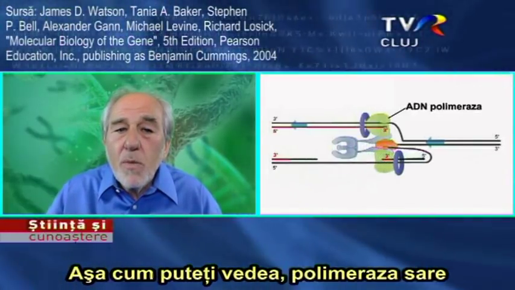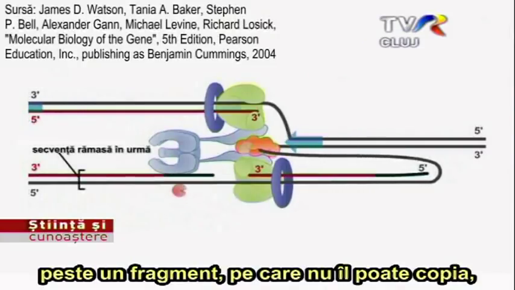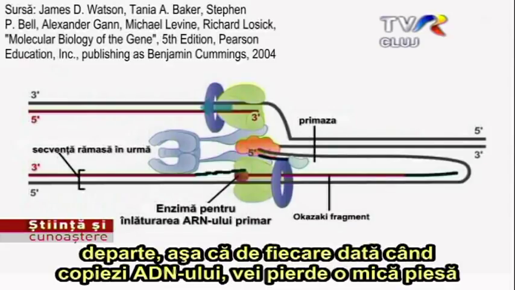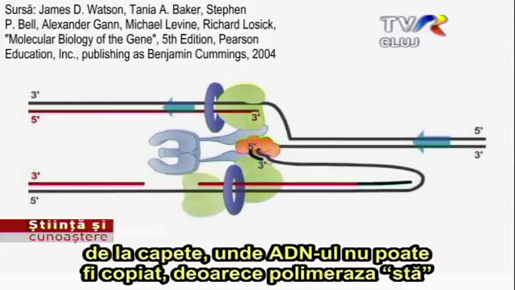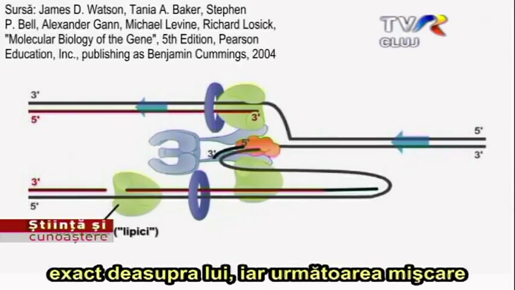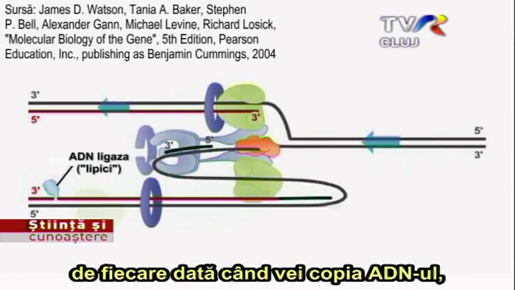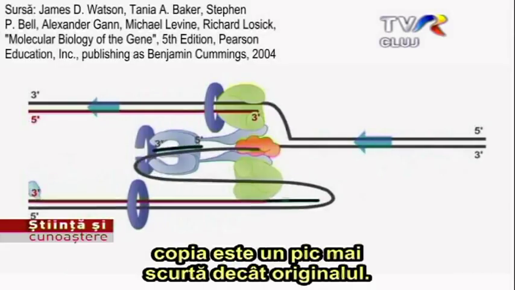As you see, when the polymerase pops off, it did not copy the little piece of DNA on which it was sitting. So every time you copy the DNA, you lose a short piece at the end where the DNA cannot be copied because the polymerase is sitting on top of it. And the next move, the polymerase falls off. So every time you copy DNA, the new copy is a little bit shorter than the original copy.